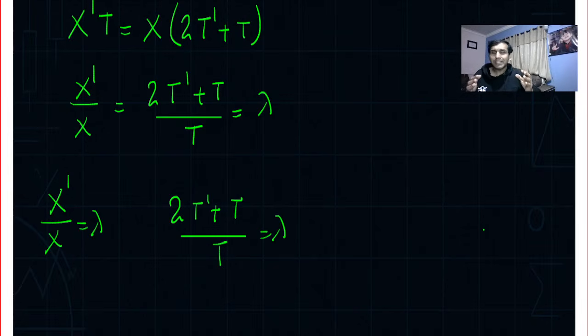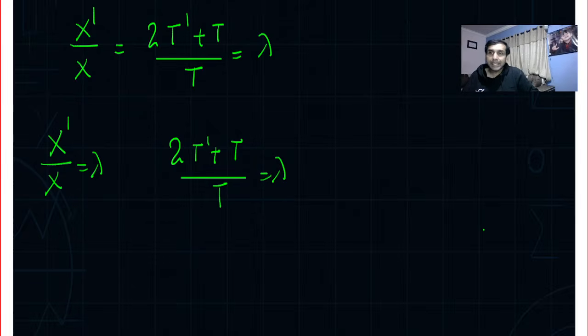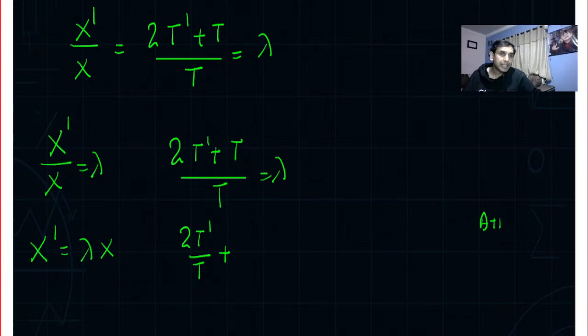Now I'm 100% sure, compared to the first question, you will understand a little bit more. Okay, so I'm going to solve it side by side. x dash equal to lambda x, and here I'm going to get 2t dash by t plus t by t is 1. Come on, what is (a plus b) by c? Isn't it a by c plus b by c?